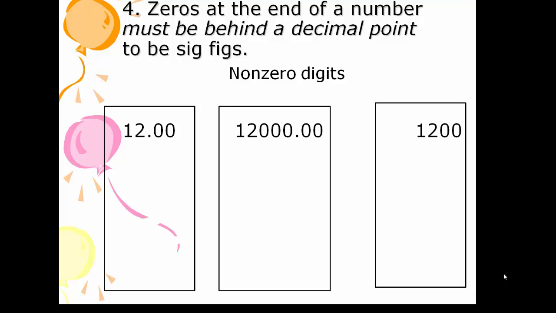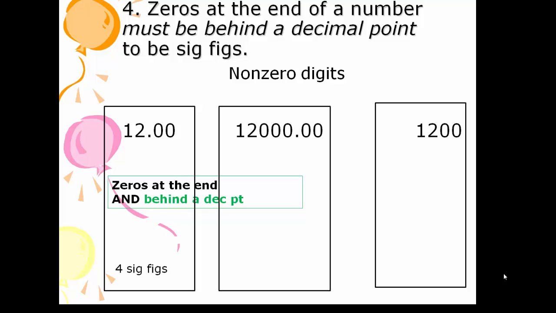Now we're going to look at the end. That last 0 is behind a decimal point. In fact, both of those zeros are behind the decimal point, so they are both Sig Figs. So in this example we have 4 Sig Figs.